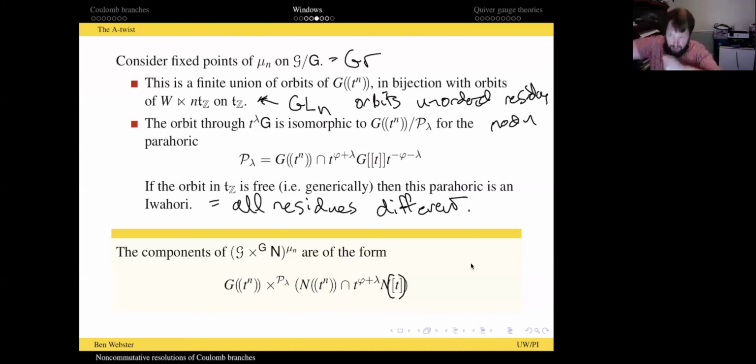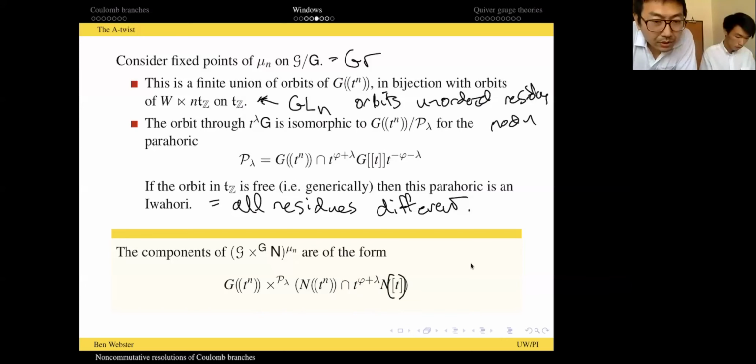I have to act on that by some co-character, and then I intersect with this guy. So I get something that looks a lot like this trivial line, but it's a little bit different. It's essentially a line operator where instead of having the trivial line, I have some reduction to a parabolic along the line, and then I use that to say on this part of the representation, I have to have some zeros. On this part of the representation, I'm allowed to have some poles, and that exactly depends on what this lambda here is.